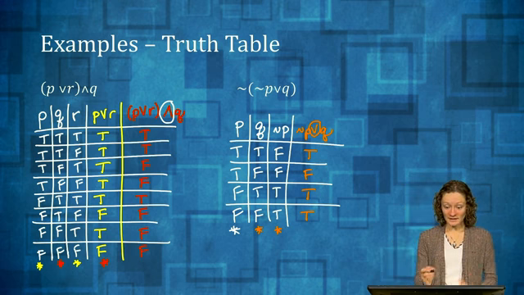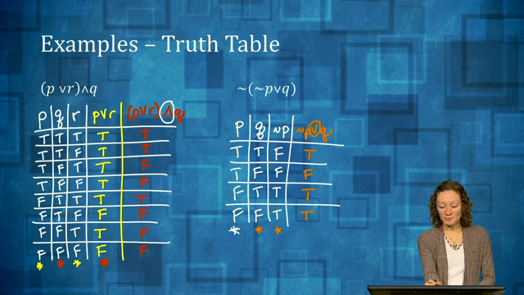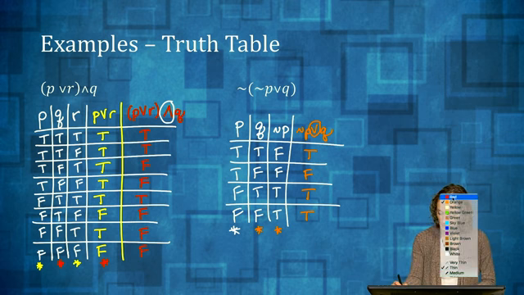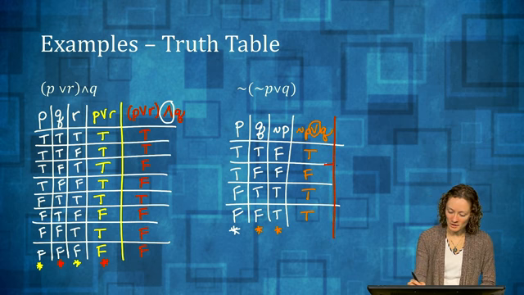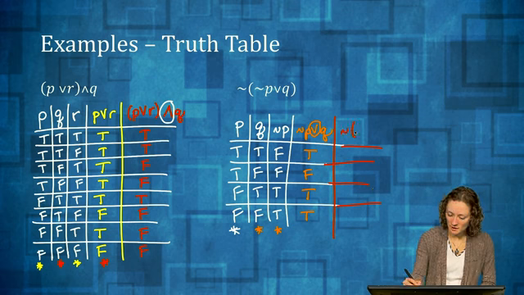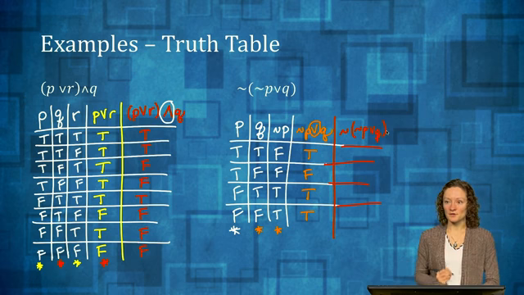And then now finally, we can come up with the entire statement because we have this parentheses. And the big picture of this statement is the negation of this parentheses. So we can fill in, we'll have to make our table a little bigger, the final column of the negation of, negation P or Q. Now, this is a difficult one.